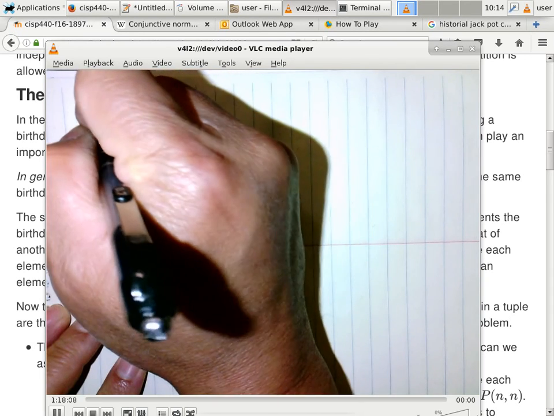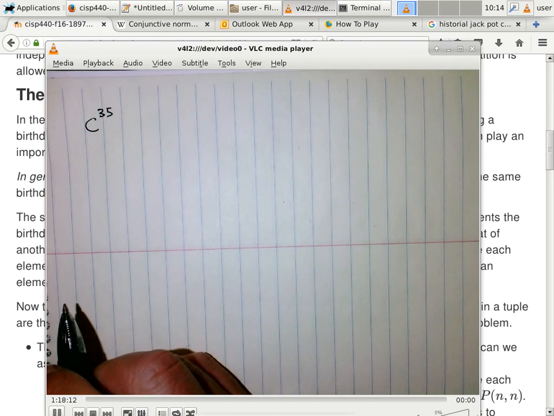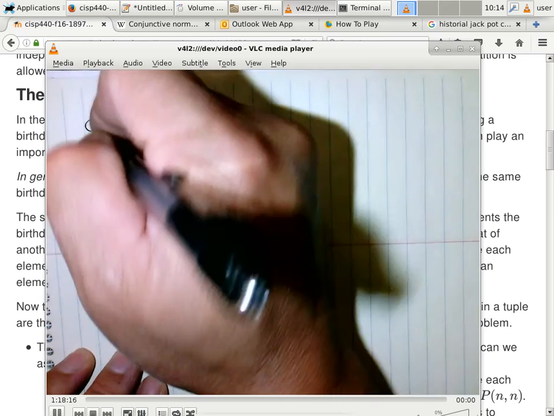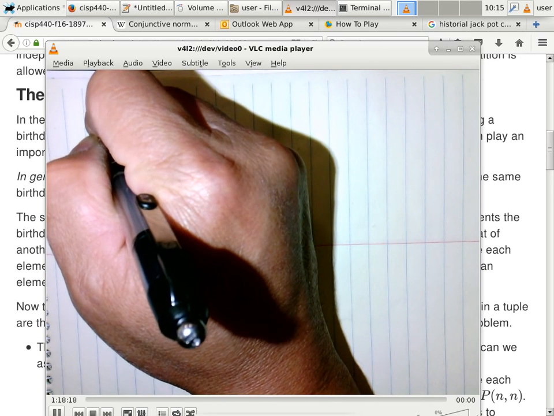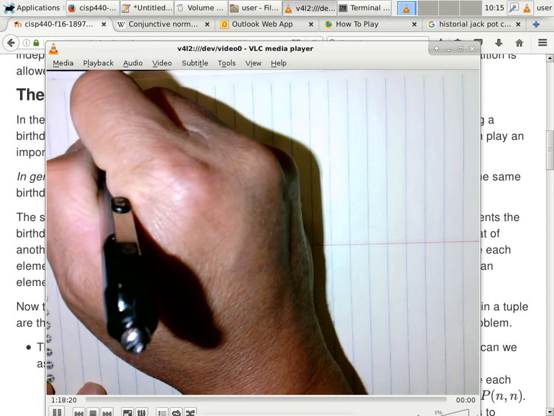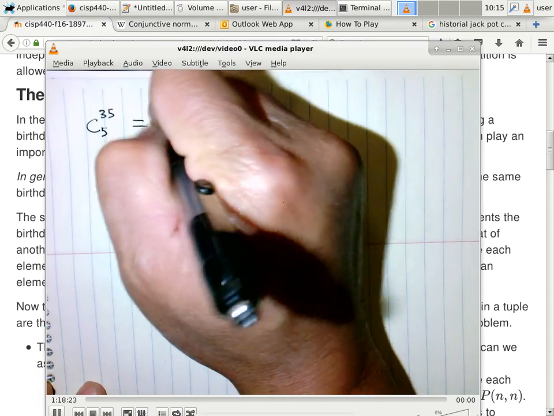So now we have 35 students, and we want to choose either 30 or 5, because they boil down to the same number. This is exactly the same as that.